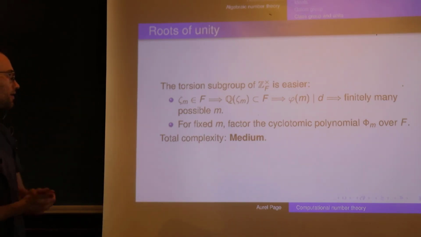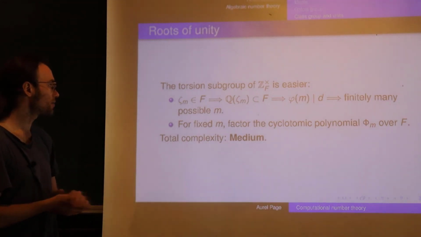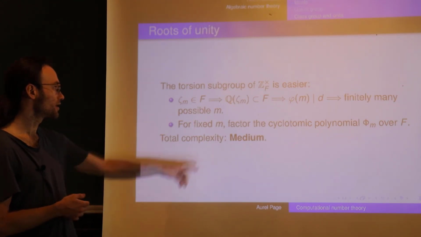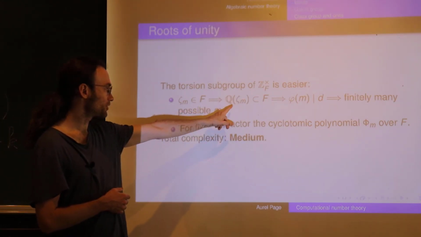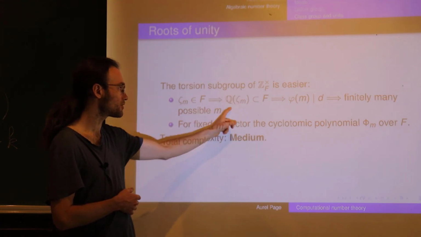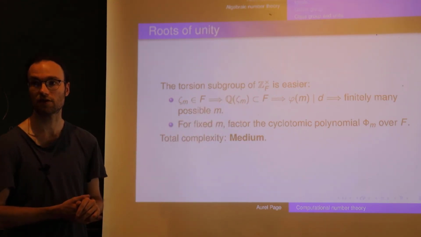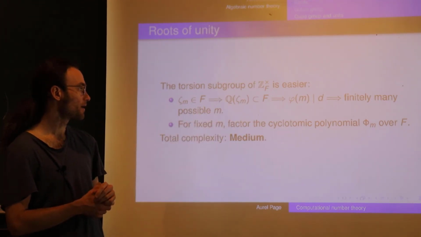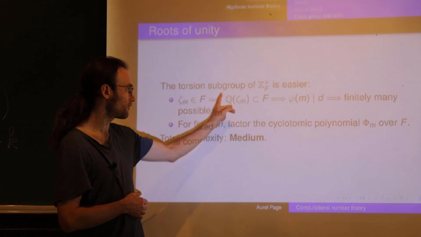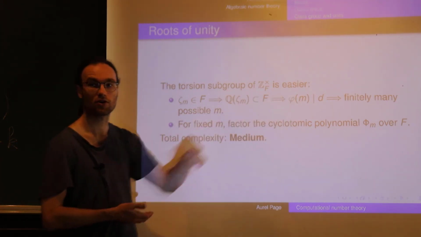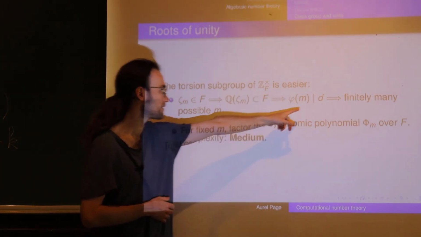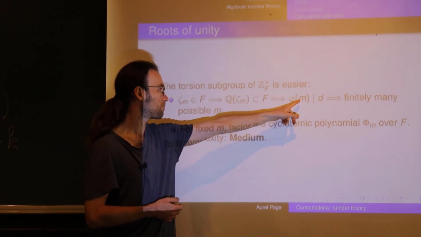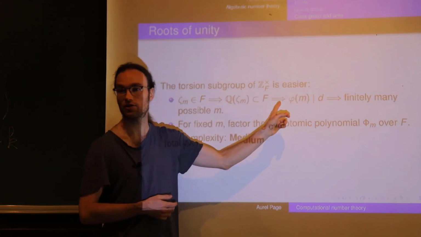But in fact, this is somewhat easy, because if you have a root of unity of order m inside your field F, then in particular you have an embedding of the cyclotomic field corresponding to m inside F, and therefore the degree of that field, which is phi of m, the Euler totient function, has to divide d, the degree of F. And so you can deduce the finitely many possible m's just from this relation.